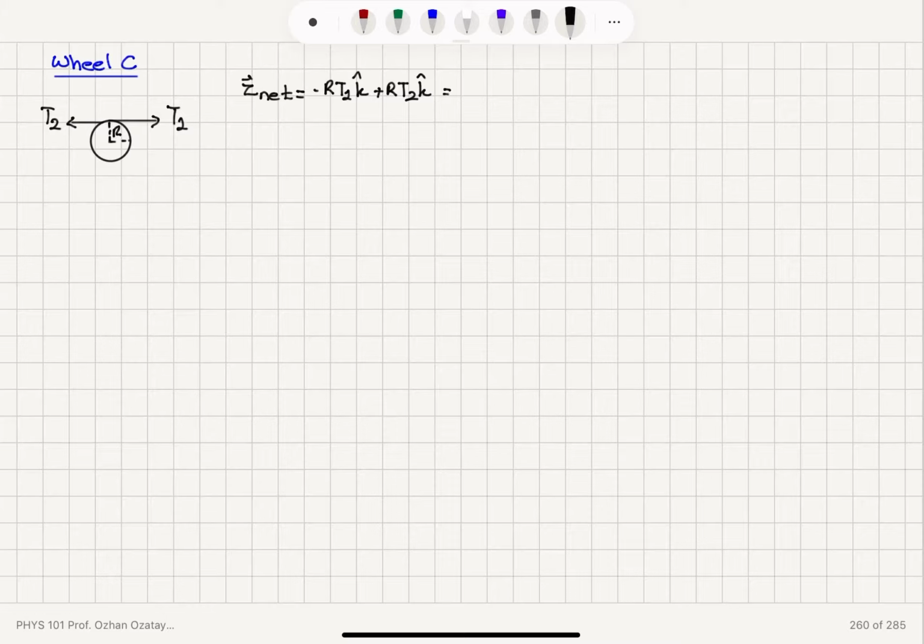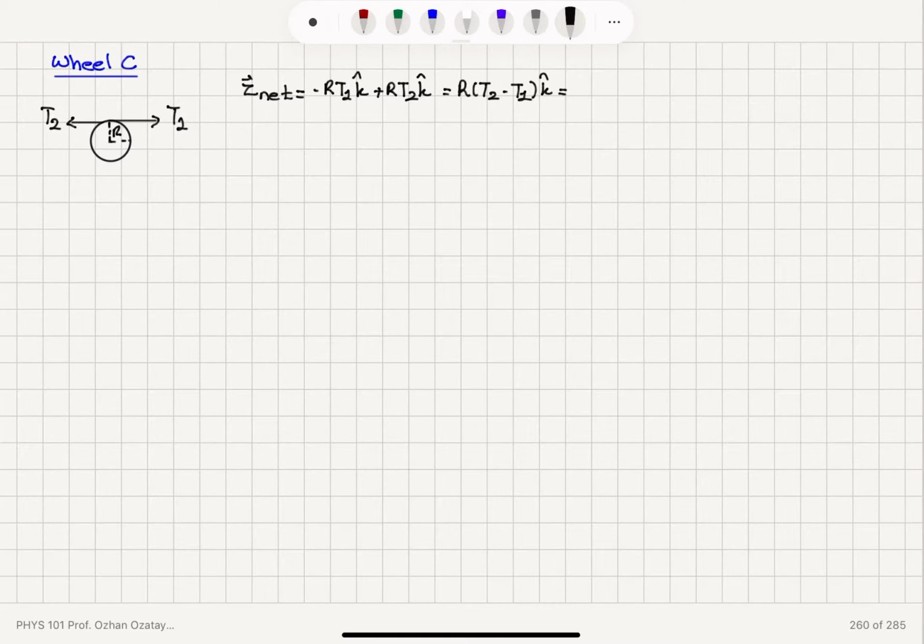So the net torque acting on this will be R parentheses T2 minus T1 in the k hat direction.